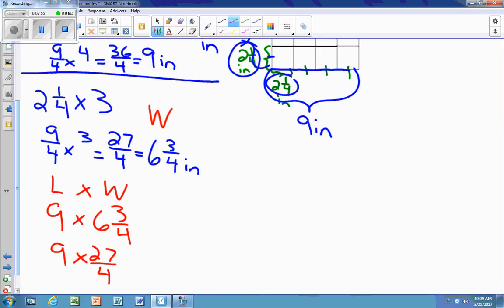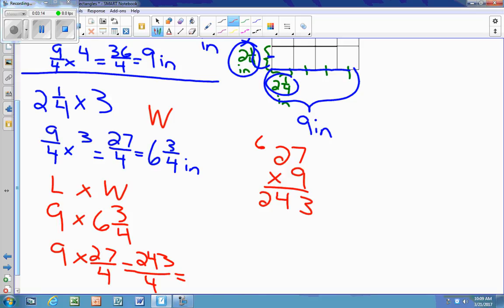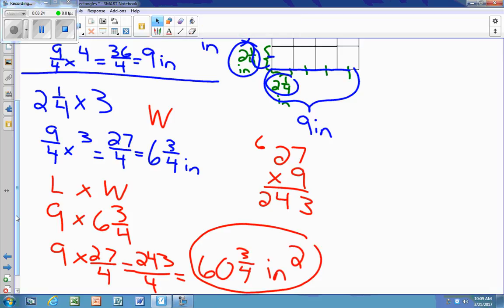Some of you might need to come over on the side and do something like this to solve this. And you end up with that. So now I have 243 over 4, and I have to divide. And when I divide this, I get 60 3/4 inches squared, because it's the area. And that would be my answer.